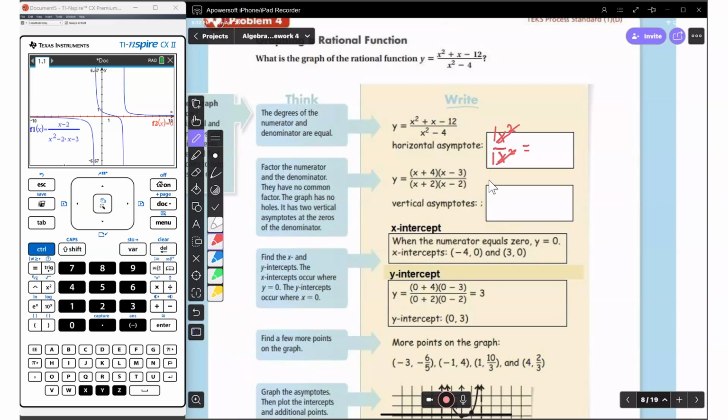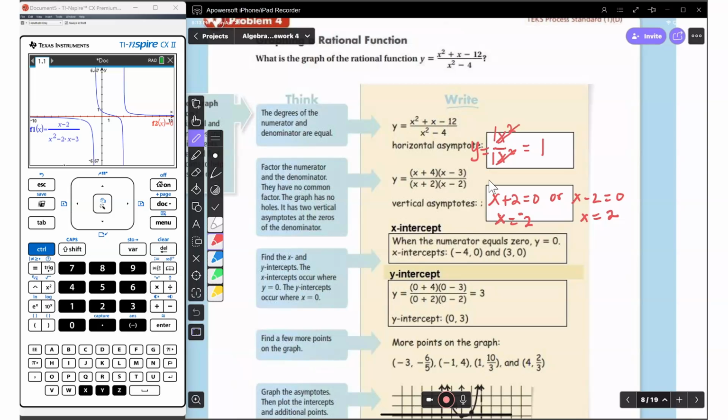The x squareds cancel, so our horizontal asymptote will be at y equals 1. Our vertical asymptotes are going to be at x plus 2 equals 0 or x minus 2 equals 0, so x equals 2 and x equals negative 2 are vertical asymptotes.